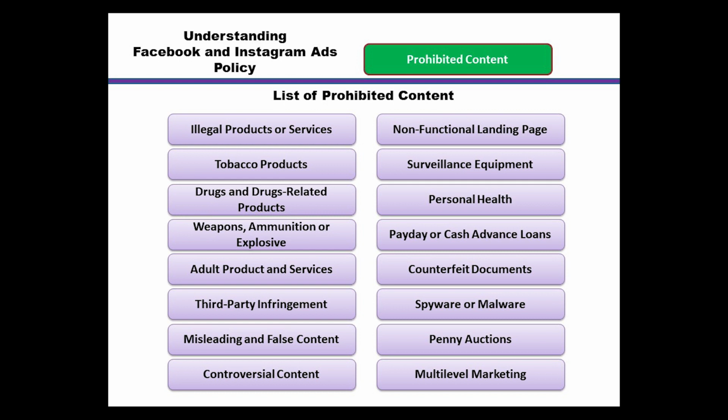For example, let's say you create a landing page, and if that landing page leads to something like a pornographic website, which is age restricted again, then they will have restrictions on all those links and all those ad campaigns.